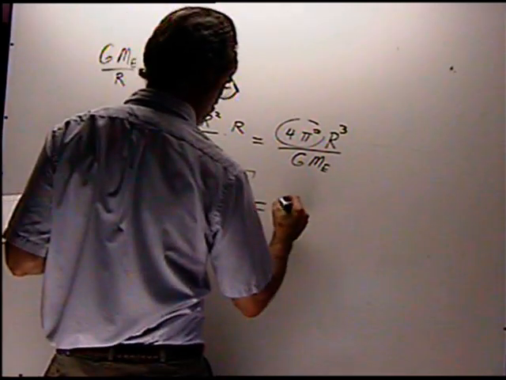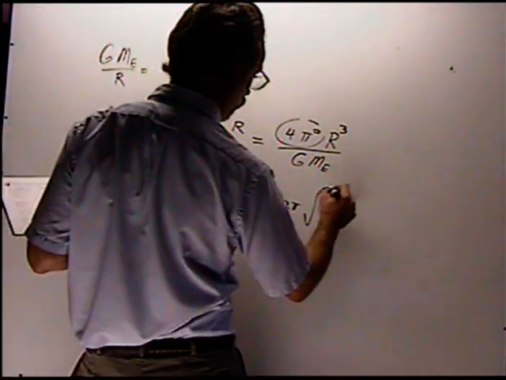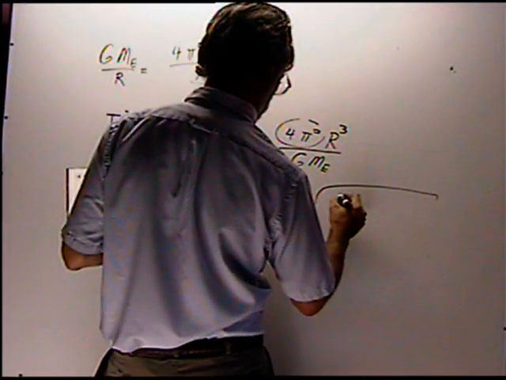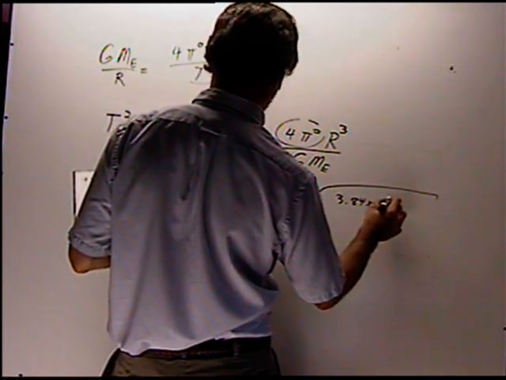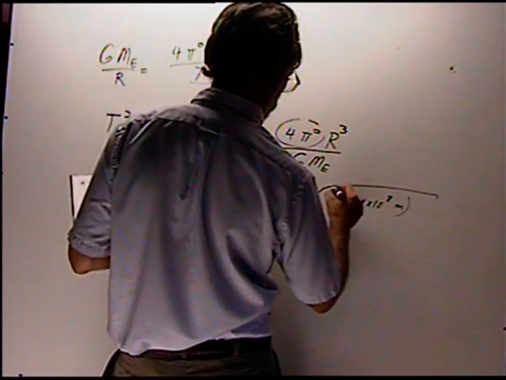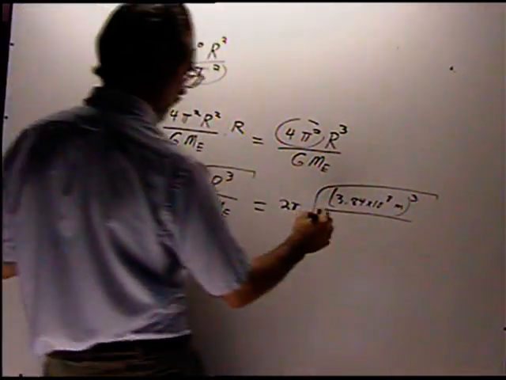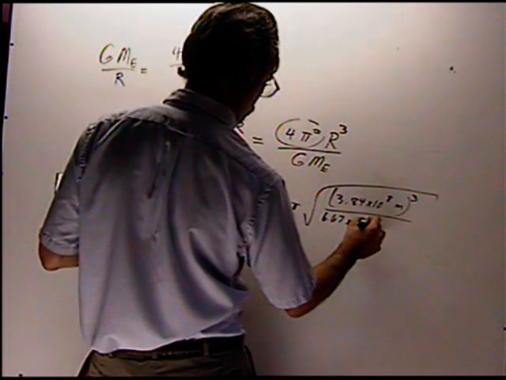So this is 2 pi times the square root of the radius, 3.84 times 10 to the 8th meters, and we have to cube that, divided by 6.67 times 10 to the minus 11.